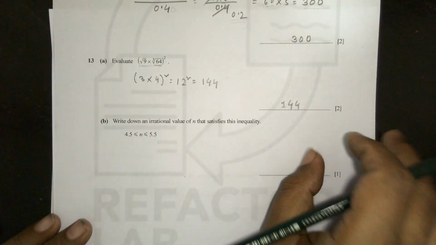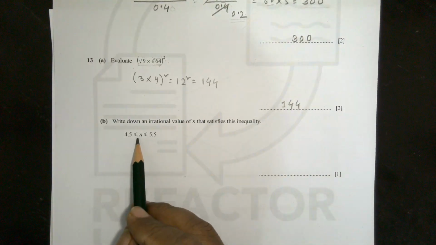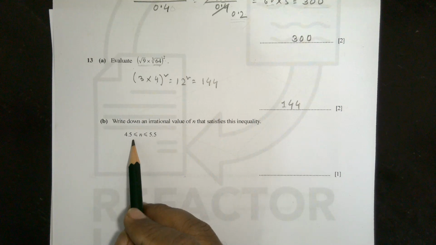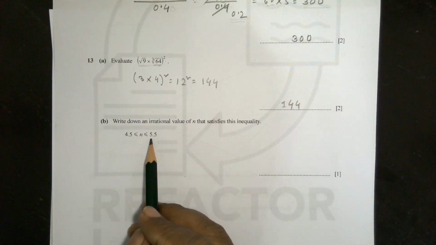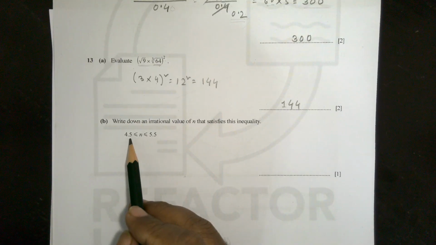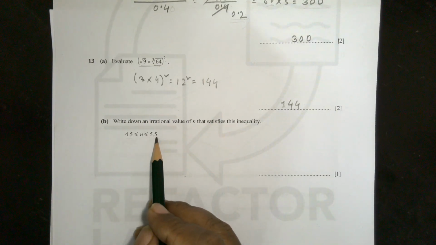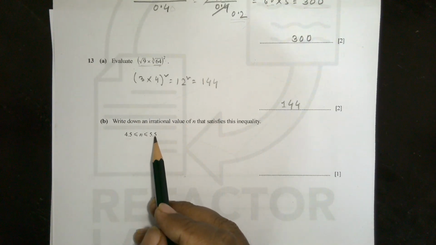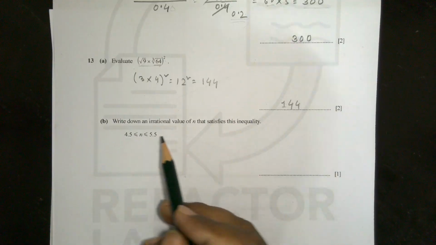Now this is very interesting. Yesterday I showed there should be a small number which you can square, but 4.5 squared is equivalent to 45 squared, and 5.5 squared is equivalent to 55 squared.